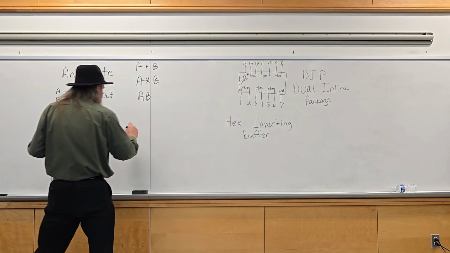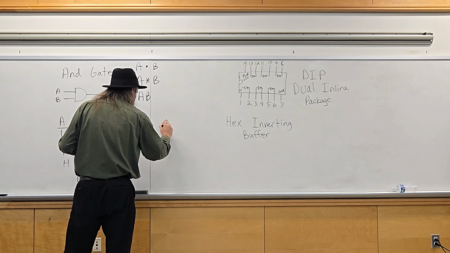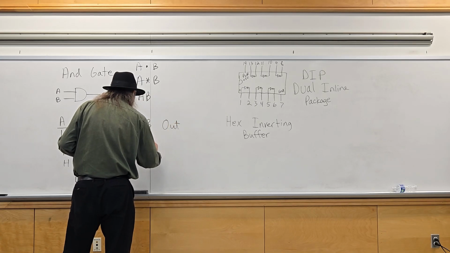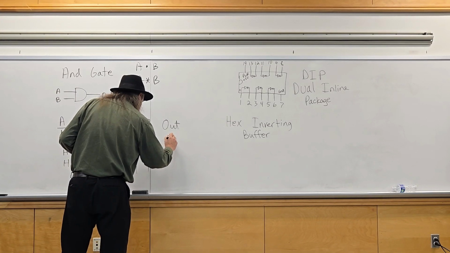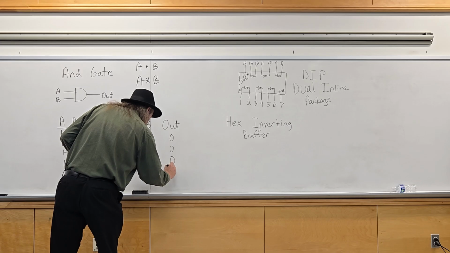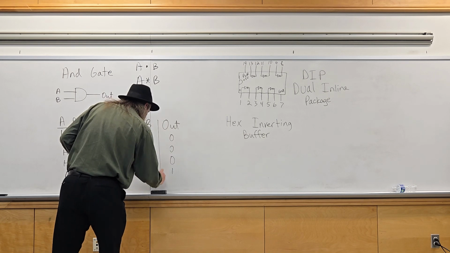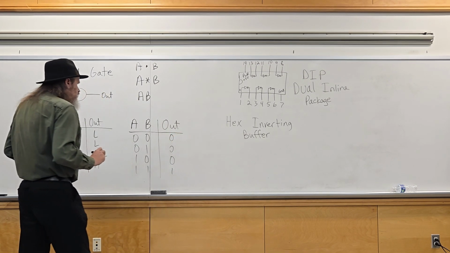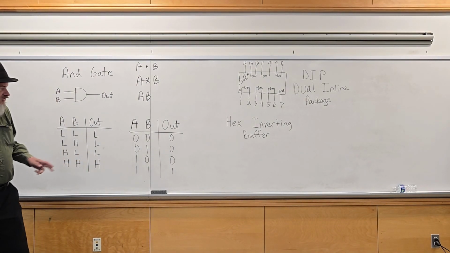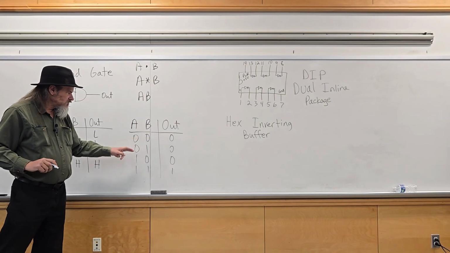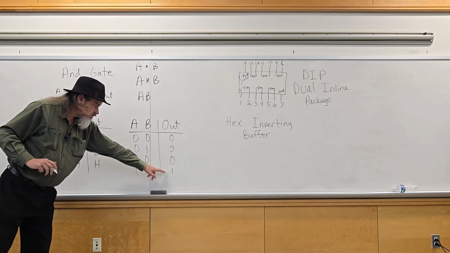If you look at the binary representation of the state table, you can see why it can be used to represent multiplication. 0 times 0 is 0. 0 times 1 is 0. 1 times 0 is 0. 1 times 1 is 1.